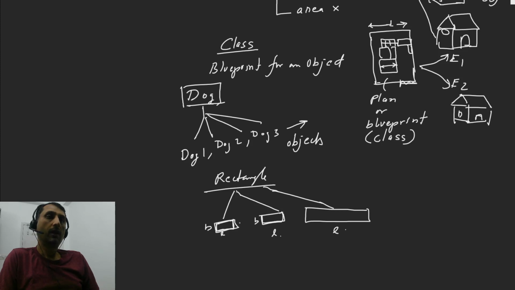As soon as you instantiate an object, instantiate means you create a house from a plan. This takes a lot of time, maybe months or years, but eventually the house will appear and will look exactly the same based on the plan.